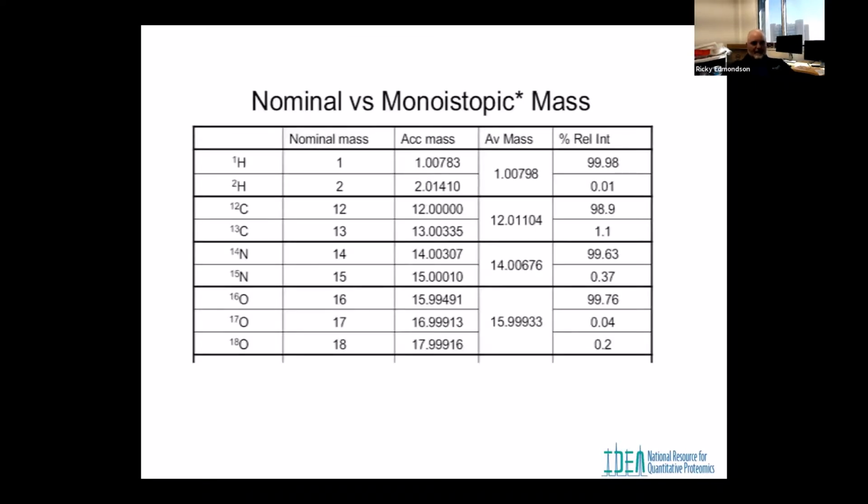Looking at the monoisotopic masses, one thing you can see is that if you add a neutron to carbon, you get carbon-13. If you add another one, you get close to nitrogen-14, but it's a little bit off.